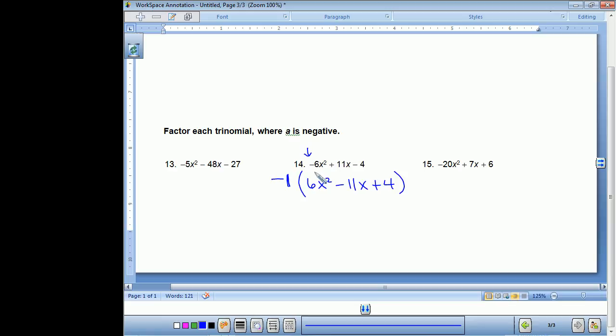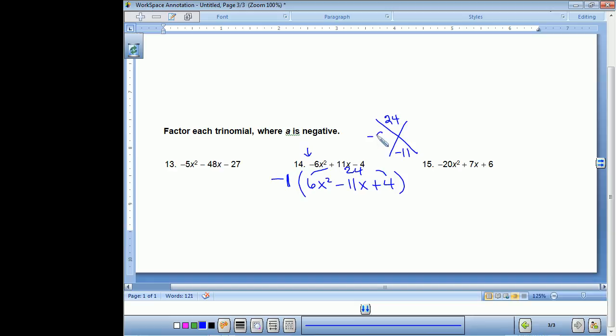So, whenever the leading term is negative, the first thing you have to do is factor out a negative. And then Bridget's totally right. We're going to do the 6 times the 4 and get a positive 24. And we're going to ask ourselves, what do we multiply to get positive 24, but we add to get negative 11?